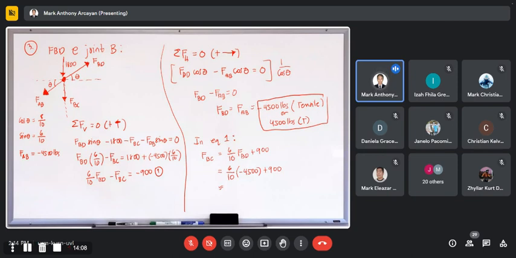Okay, what is the result? 6 over 10 times negative 4,500 plus 900. Your FBC is negative 1,800 pounds, or 1,800 pounds. But instead of compression, FBC is also tension. So tension is here. Okay, so these are the internal forces that exist in members BD and BC.